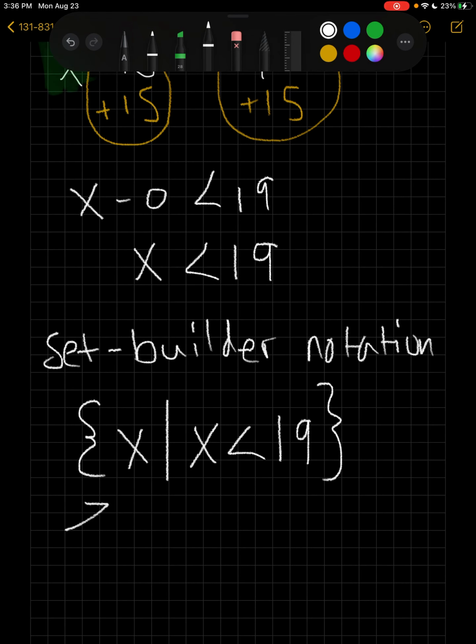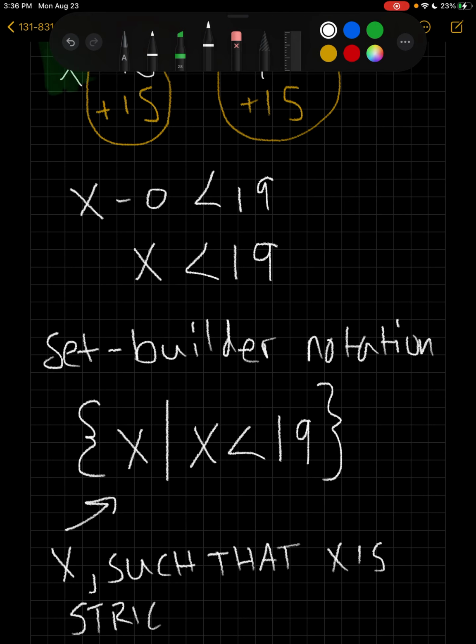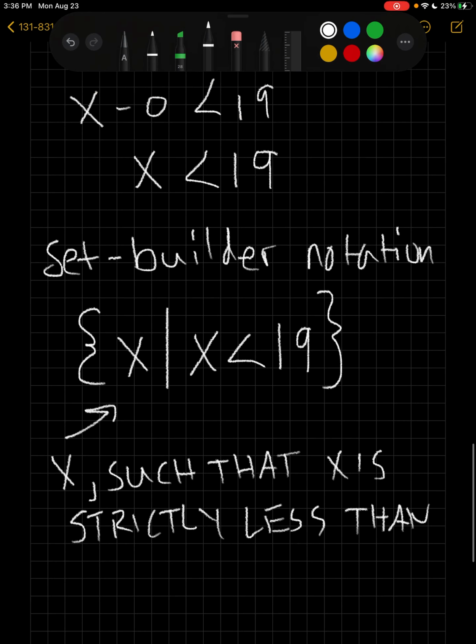And what this means, if you were reading this out loud, is you would say X such that X is strictly less than 19.